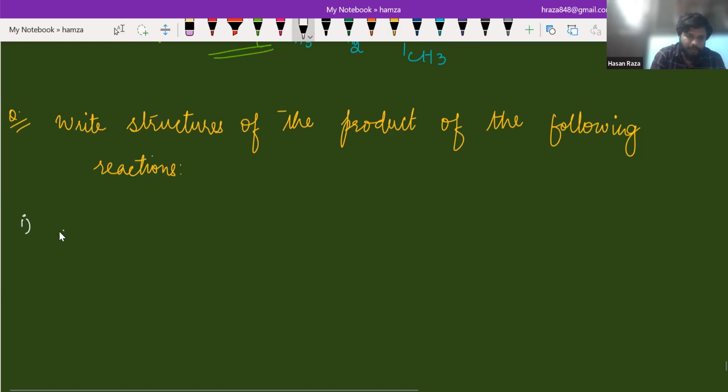The first reaction is basically CH3. You just have to recognize the reaction and apply the mechanism, you will get your answer. H2O in the presence of H plus.